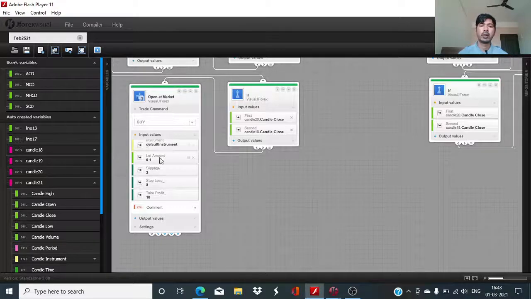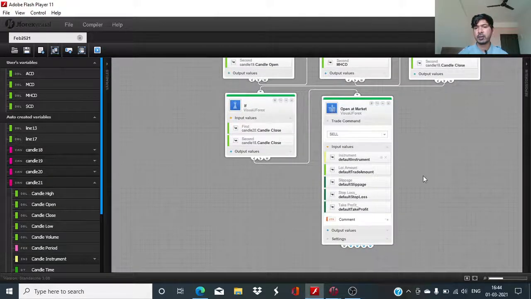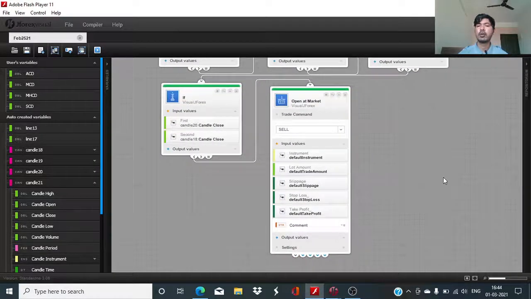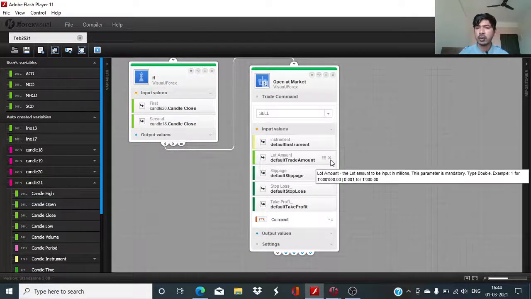And we will want these parameters to be identical with the buy side as well. So here we are going to use static values. This time around we are not using variables.